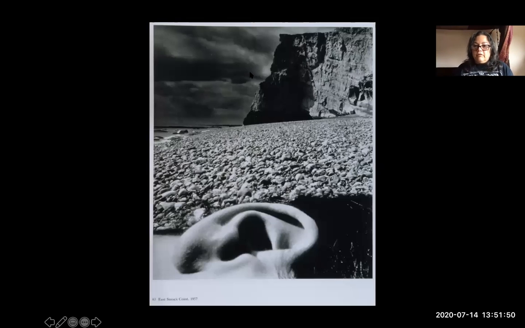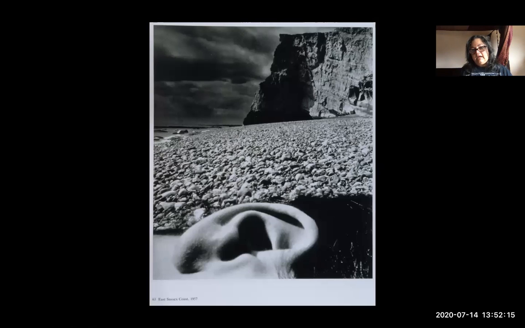So this is one of my personal favorites of examples of great depth of field because it's so extreme. The photographer who made this image was named Bill Brandt, and he was active from the 1920s actually into the 60s or 70s.